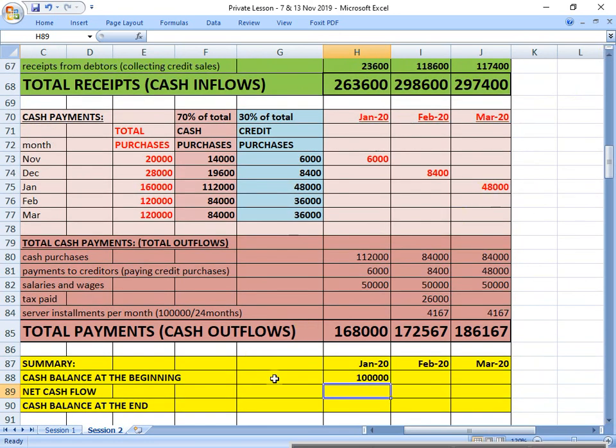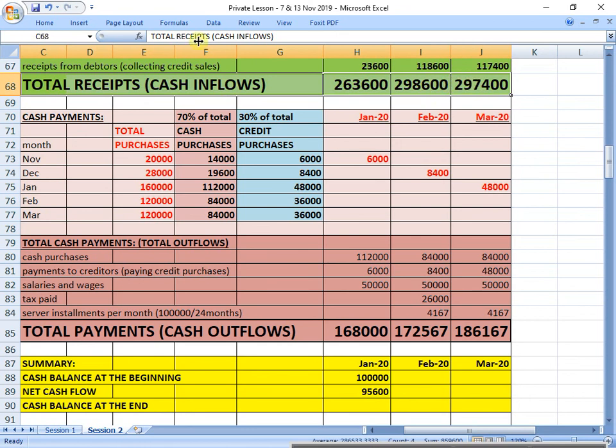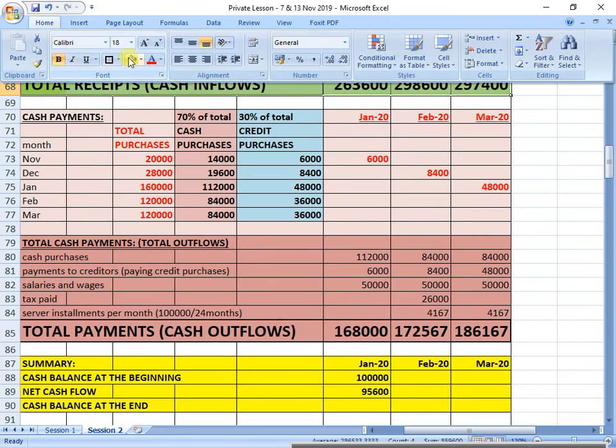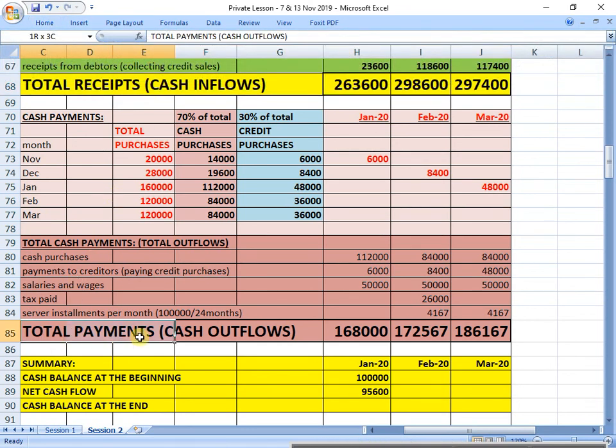Net cash flow. What must I do now? Take the total receipts minus the total payments. If your receipts are more than your payments, then you're going to get a positive amount, which in this case I do. I get that figure. Total receipts minus total payments.